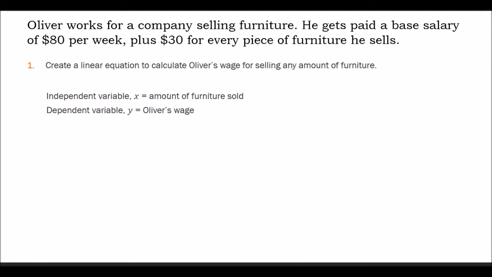So going back to the equation y equals mx plus c, this is the format your equation should look like. Y is how much he makes, x refers to how much furniture he's going to sell, and the base salary, or the constant, is going to be this c. It's not going to change in relation to x and y.